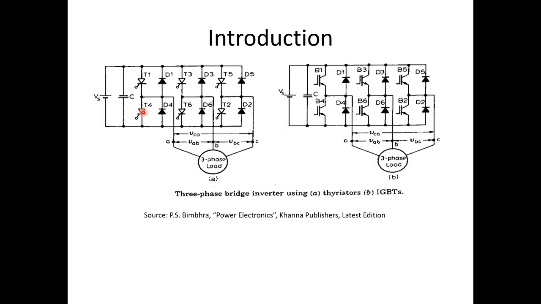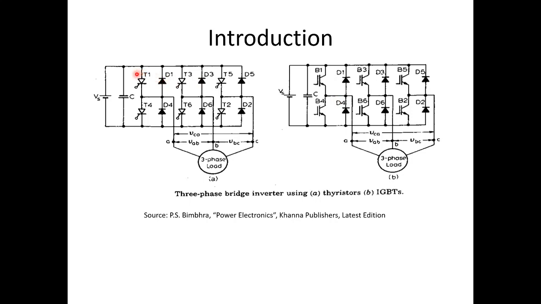Circuit diagram of voltage source inverter is shown in this particular slide. Figure A is a thyristor based voltage source inverter. Figure B is a transistor based voltage source inverter, where the transistor used in this inverter is IGBT.